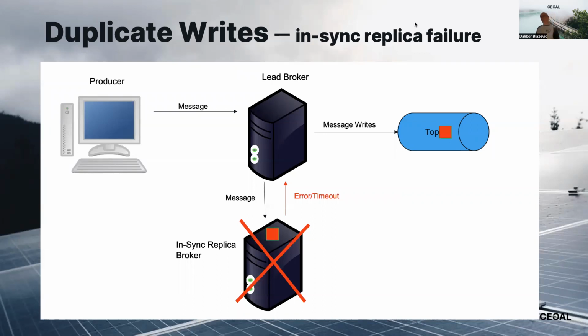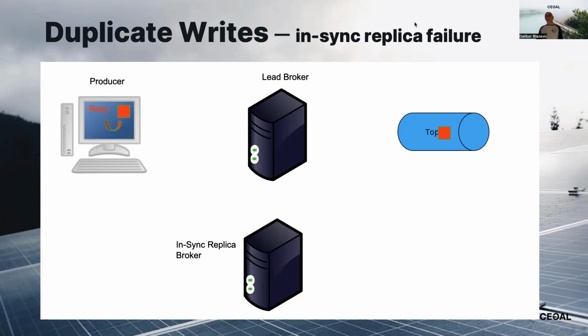And because we want to have acknowledgement of all brokers, the lead broker is forced to send an in-sync replica error, which effectively forces the producer to retry the message. And then what happens? Again, a duplicate message is written to a topic. Well, not quite a desirable state for us if we want to support transactions.